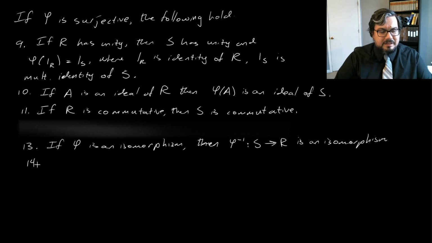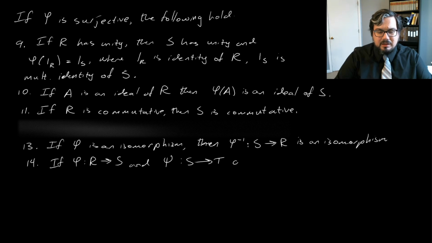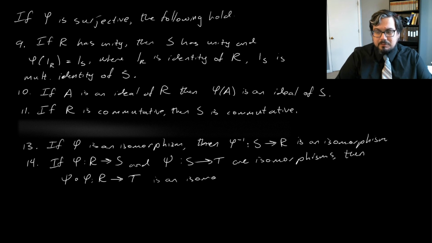And then 14, if phi from R to S and psi from S to T are isomorphisms, then the composition, psi composed with phi from R to T, is an isomorphism.